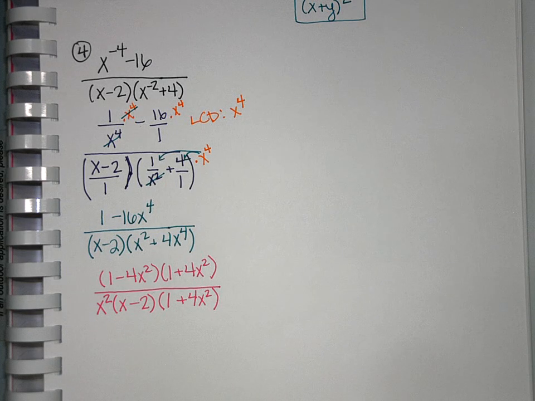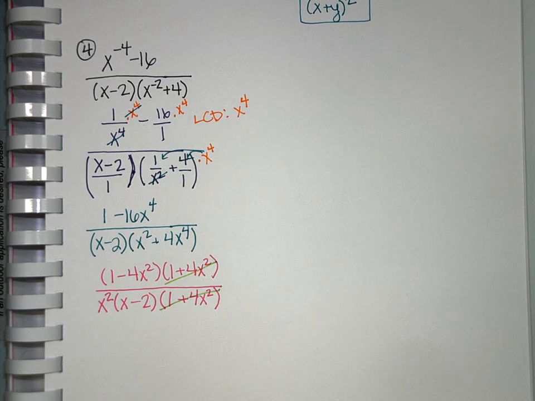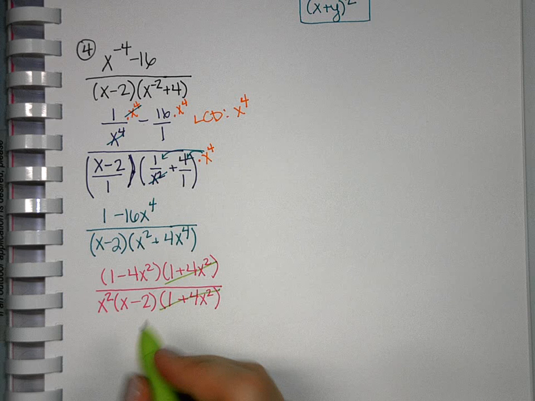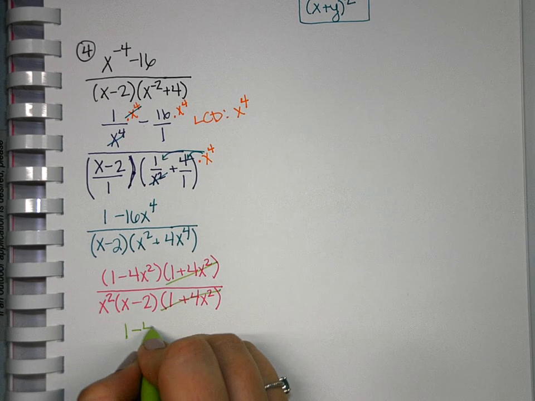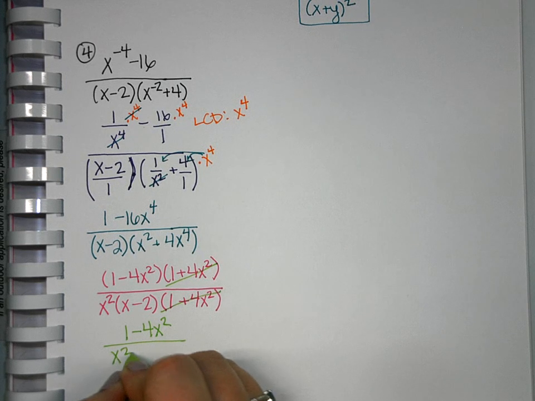So at this point, I notice that I can cancel out 1 plus 4x squared. So when I do that, I'm left with 1 minus 4x squared over x squared times x minus 2.